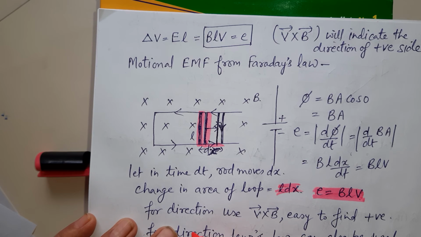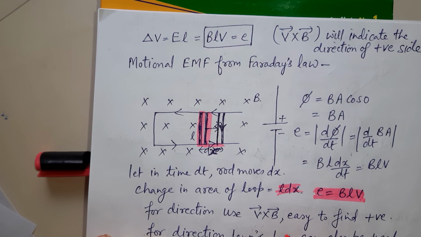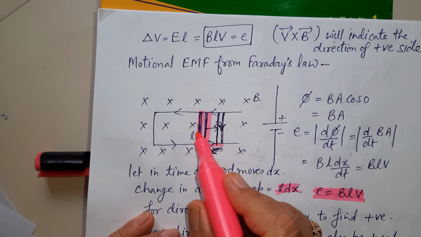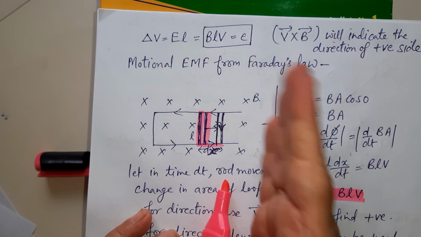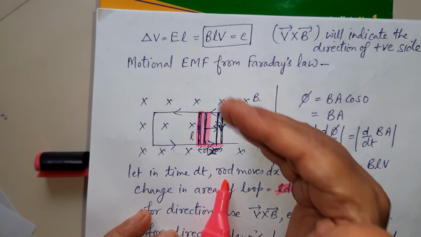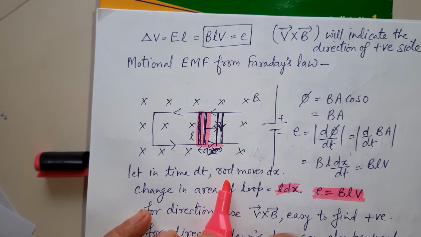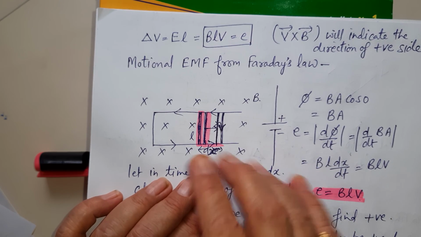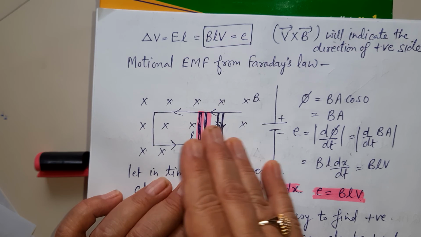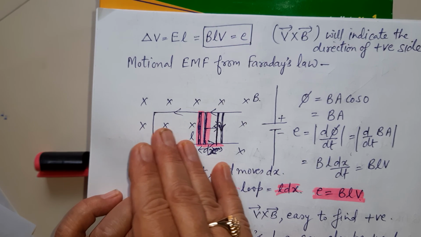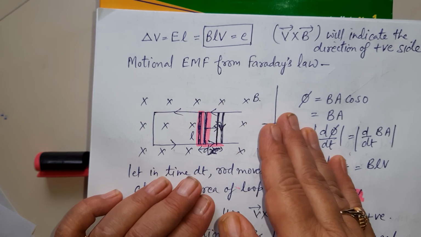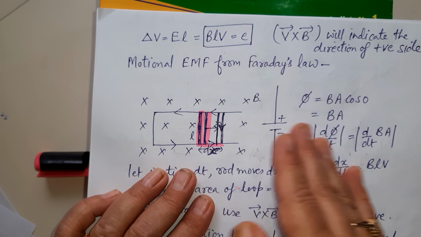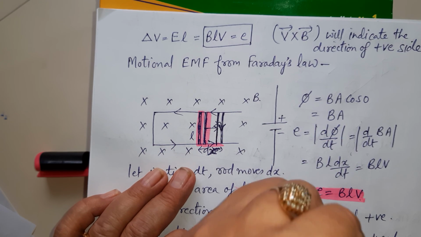Again, for direction, use V cross B. V cross B means this is velocity, this is V cross B. So the upper side is positive, the lower side is negative. It is easy to find the positive side. For direction, Lenz's law can also be used. By increasing the area, flux will increase. It means our already existing field is this side.